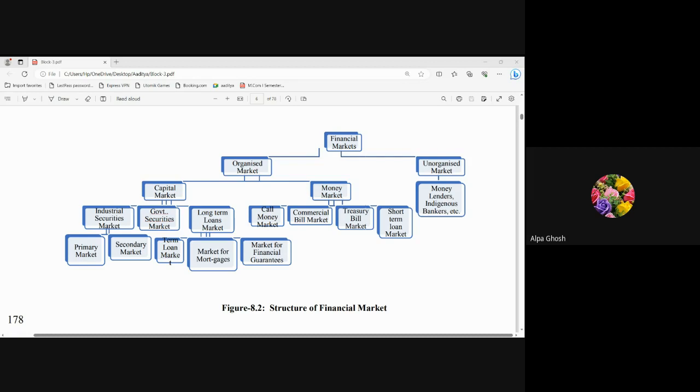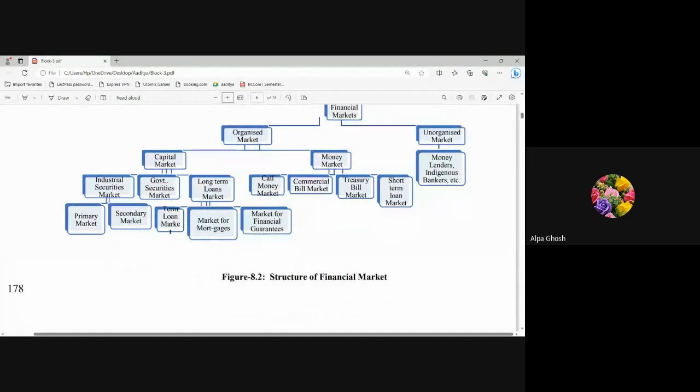And after the issue is closed, the shares can be traded in the secondary market, and the secondary market are the stock exchanges. The secondary market is a financial institution through which we can have the exchange of shares, purchase and sale of shares, after it is not available in the primary market. The primary market is also known as new issue market, because the shares are issued directly from the company.